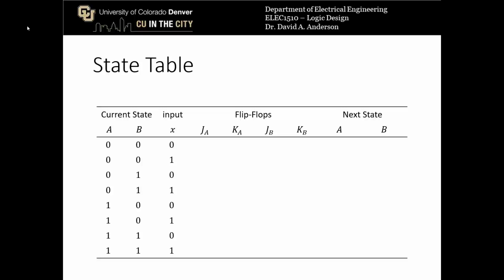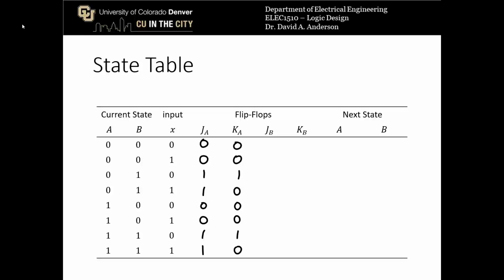Okay, so we have all of the possible values for the current states and the inputs. Again, we have two current state variables, A and B, and one input X. All right, so based on the equation for J sub A, which was B, we can just fill in the column for J sub A as being equal to B. The equation for K sub A was X prime B, so K sub A will be a 1 whenever X is a 0 and B is a 1.